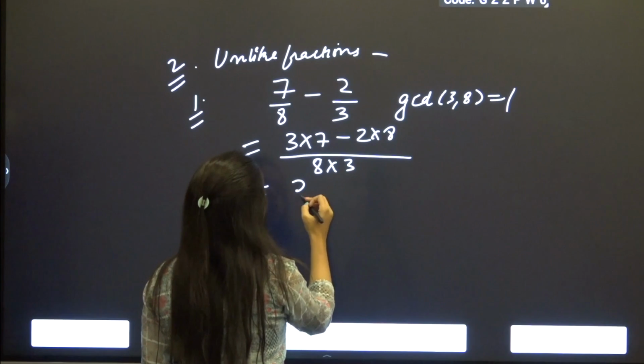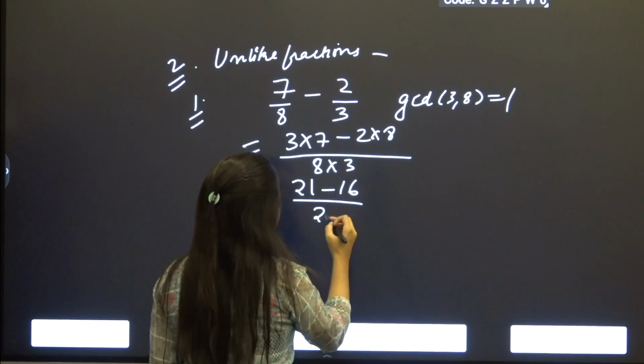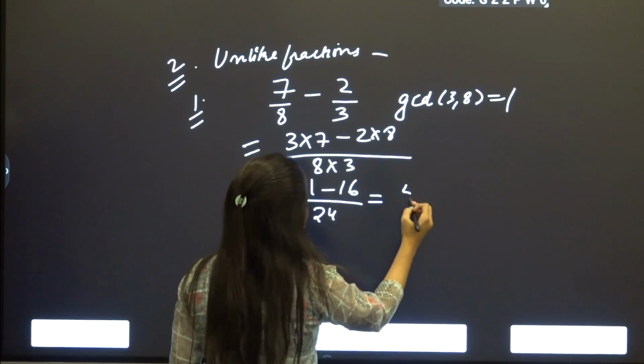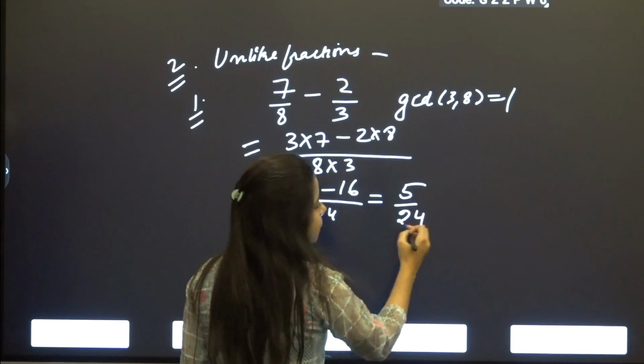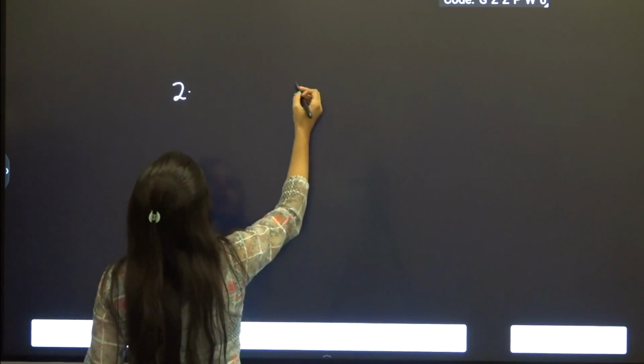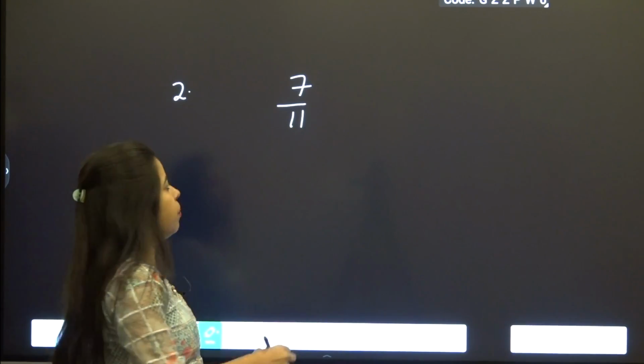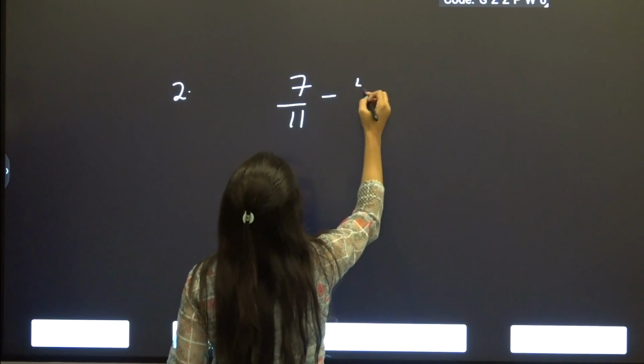So the answer is 21 minus 16 upon 24, which is 5 by 24. Let's take another example. Say 7 by 11 minus 5 by 2.